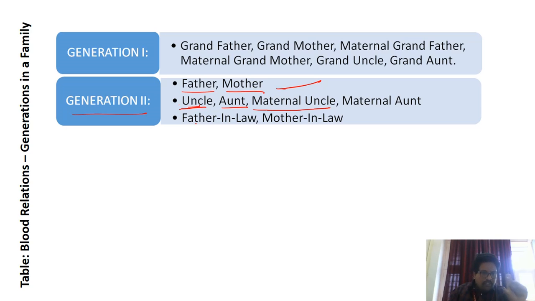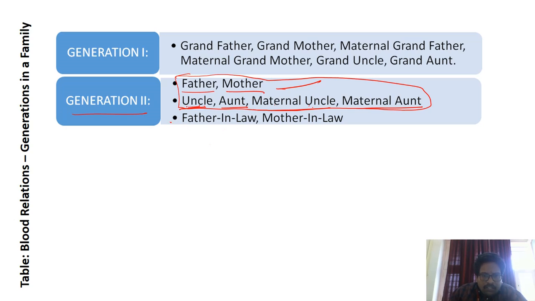That's the point I was trying to tell you. Maternal uncle means mother's brother, whereas uncle here by default is paternal, so it is father's brother. Similarly, maternal aunt means mother's sister and paternal aunt means father's sister. So these are the relations that we have. Almost everybody will have these relations by birth.